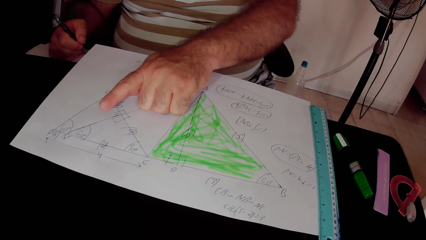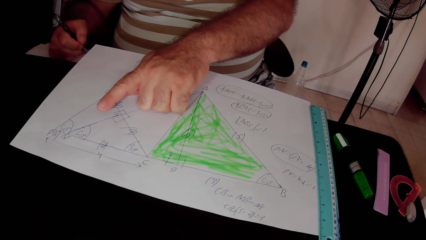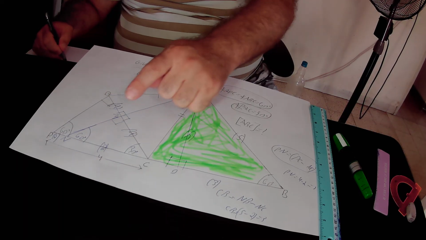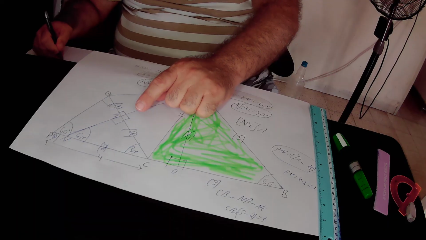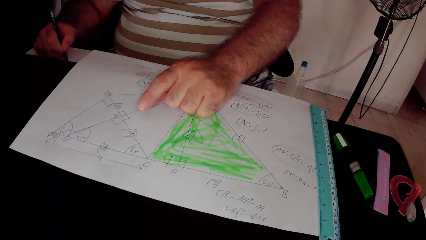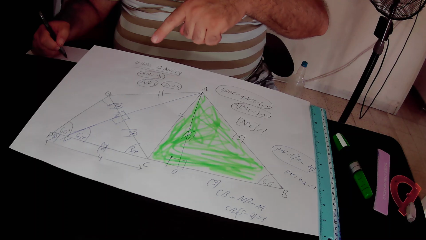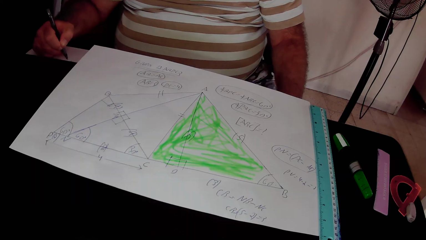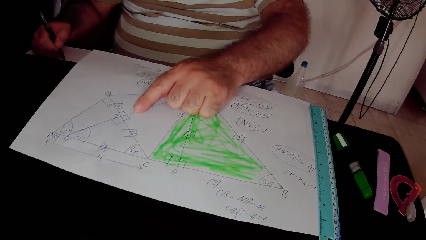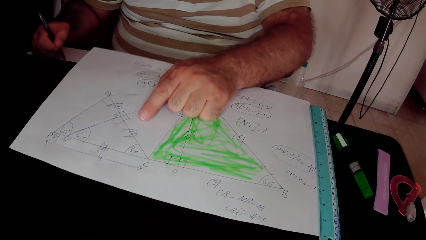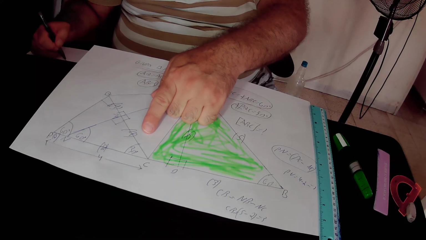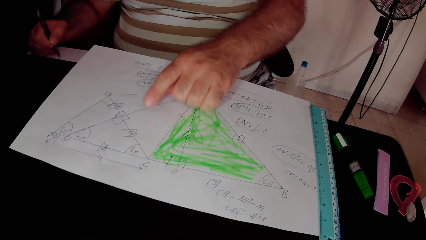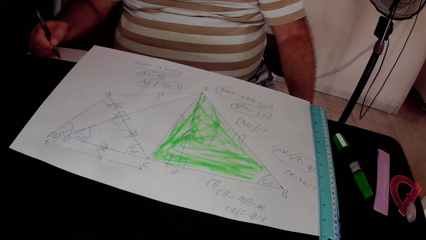side NC of the small right triangle NMC over side QP of the big right triangle QPC is equal to side MC of the small right triangle NMC over side QC of the big triangle QPC.